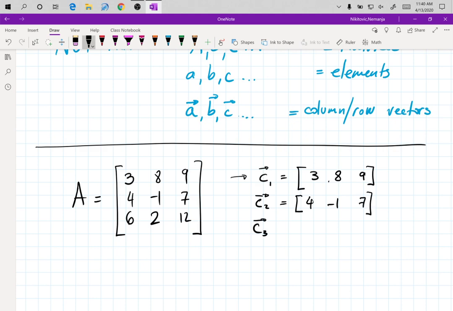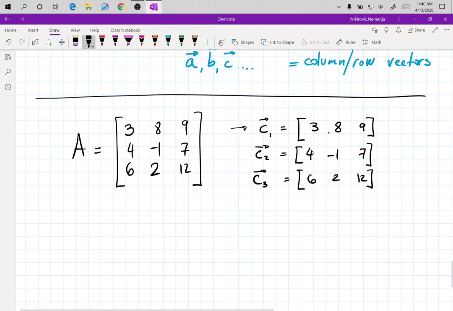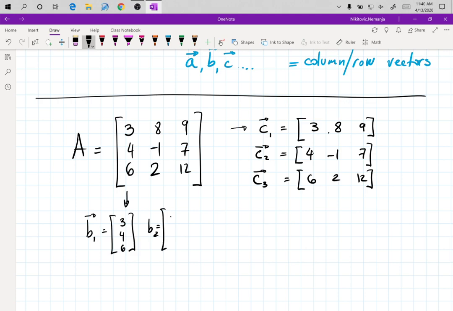Vector C3, which is 6, 2, and 12. We're also going to have over here vector B1, that is going to give us 3, 4, 6. Vector B2, that will give us 8, -1, and 2.